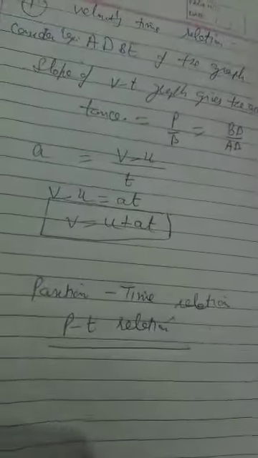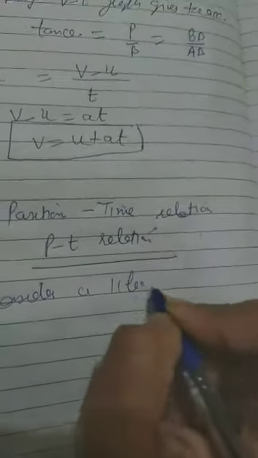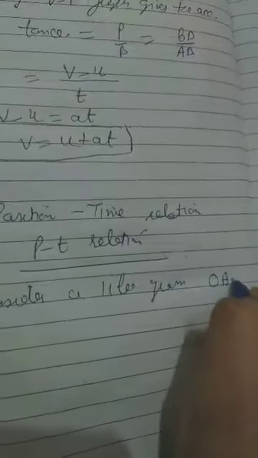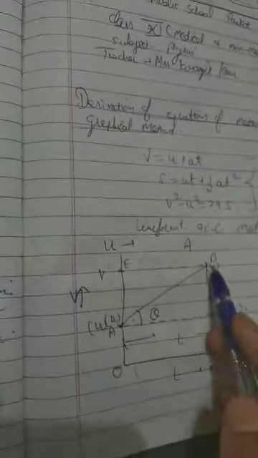Consider a parallelogram OABC. This is a type of trapezium.